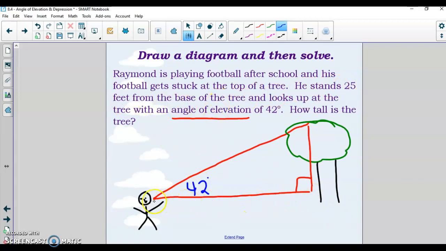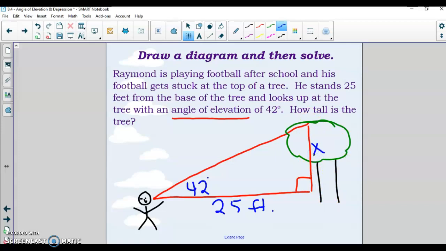So this distance across from the bottom of the tree to where Raymond is, we know is 25 feet. And the question's asking us to figure out how tall the tree is. So the line next to the tree is essentially its height. So I'm going to put an X over here.